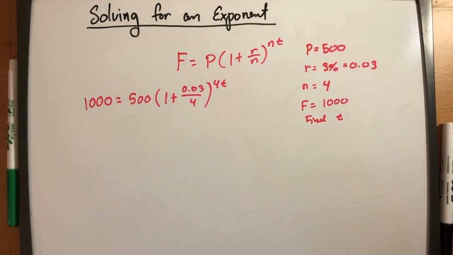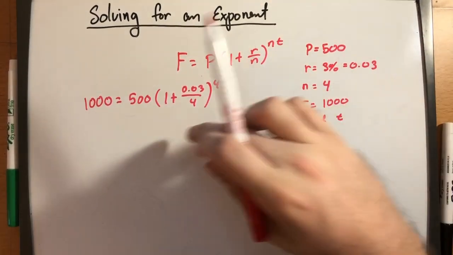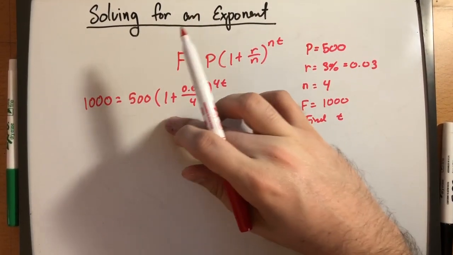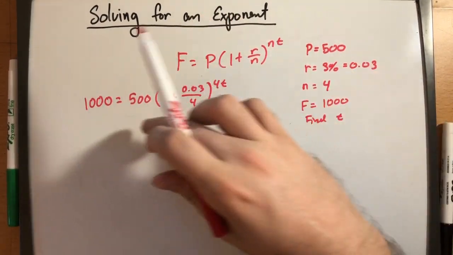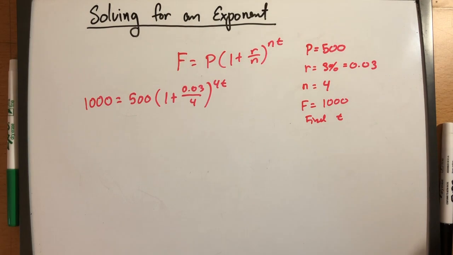Now once again, t is in the exponent. So how do we get that out? First things first, notice this is the base. So we're gonna have to rewrite this base using our calculator, and I'm gonna divide 500 on both sides.